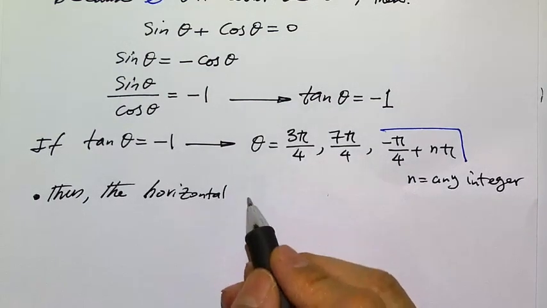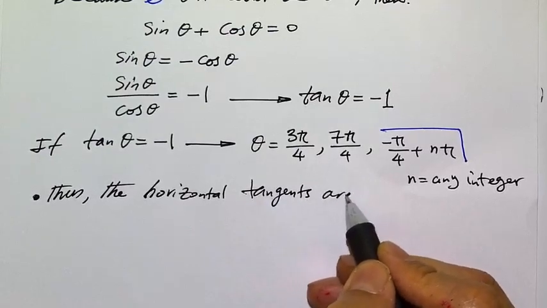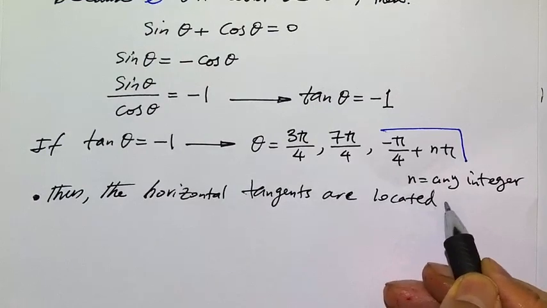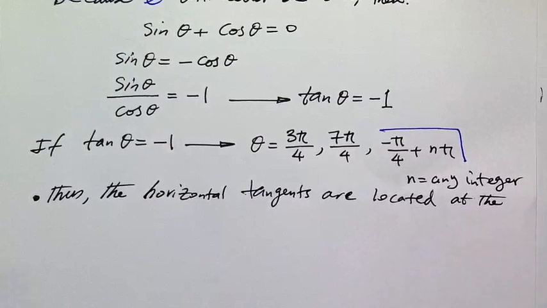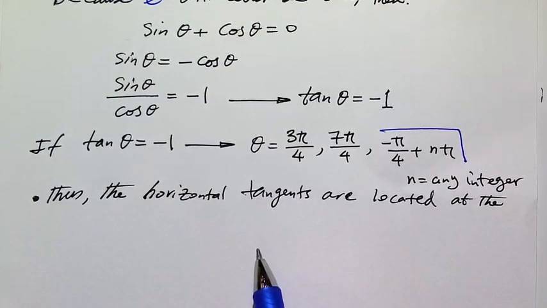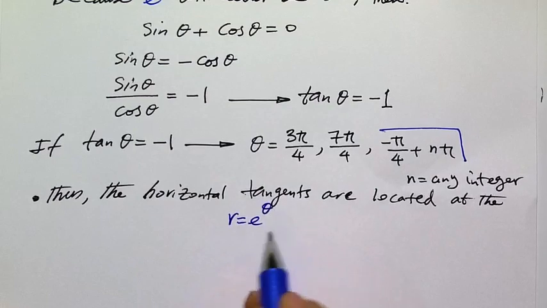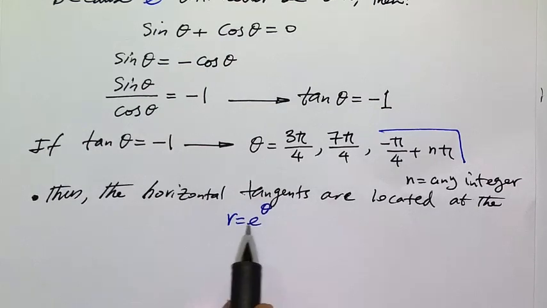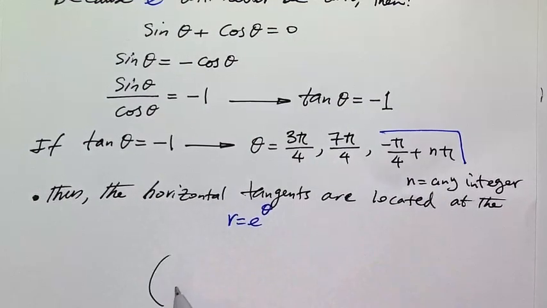So thus, the horizontal tangents are at these. If this is the equation we have, then the points would be e to the theta, taking that as the general form.